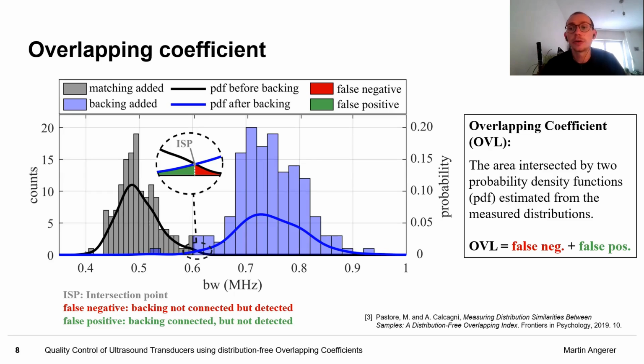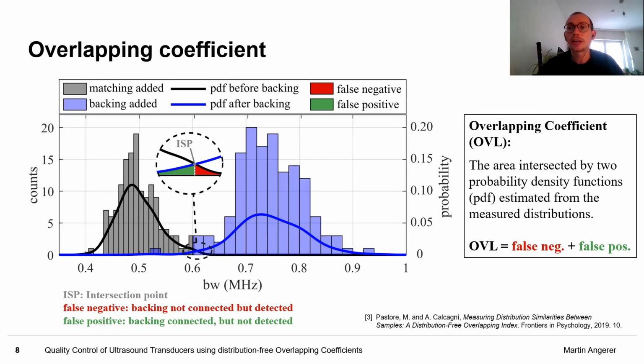The intersection point of these estimated probability density functions can then be used as a one-dimensional classifier to evaluate whether it's more likely to be in the fabrication state where the matching layer was added or after the backing was applied. It also allows us to estimate the probability of false negative decisions, which would be in this case that the backing is not connected but detected, and also false positive decisions, meaning that the backing was connected but actually not detected.